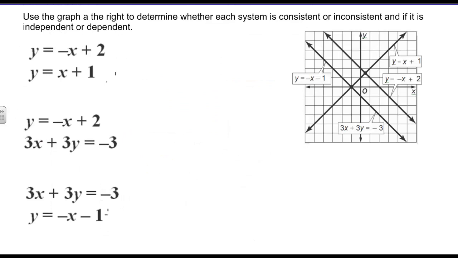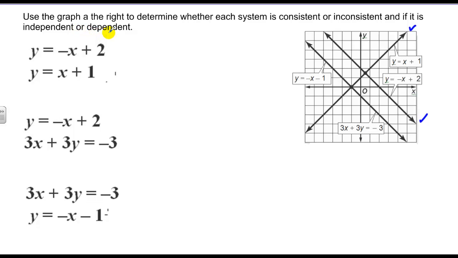We want to take a look at this graph over on the right and identify the equations that they give us. So for instance, in this case, we have y equals x plus 2, negative x plus 2, that's this line here, and x plus 1, which is this line here, and talk about the solution, whether it's consistent, inconsistent, independent, or dependent.